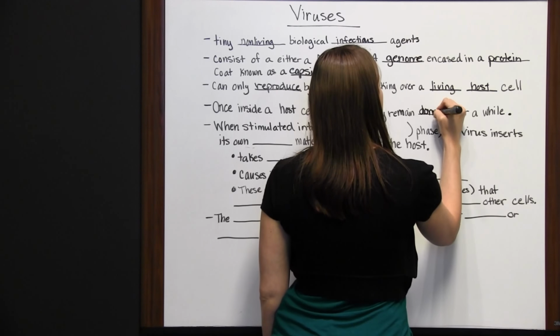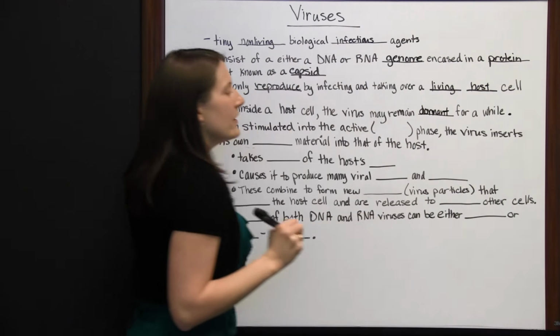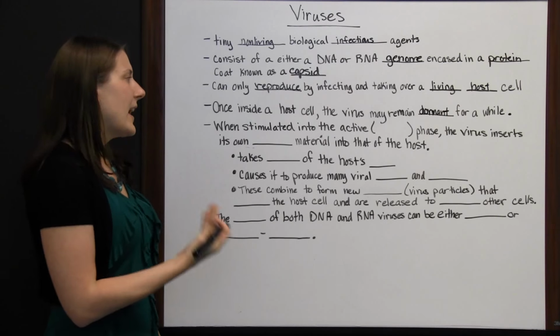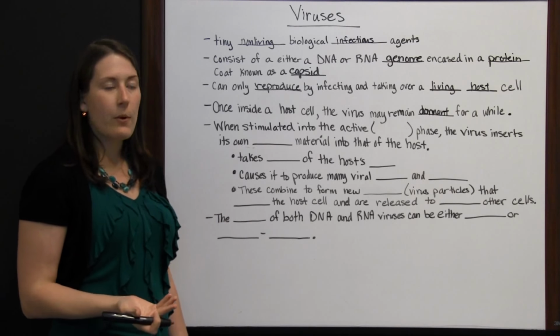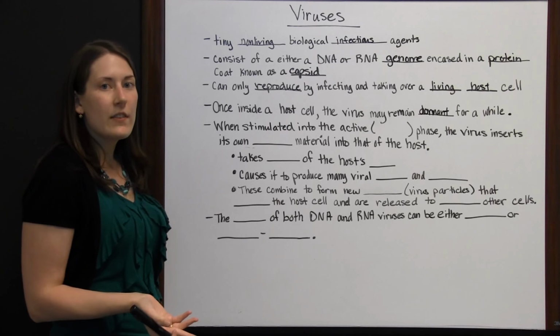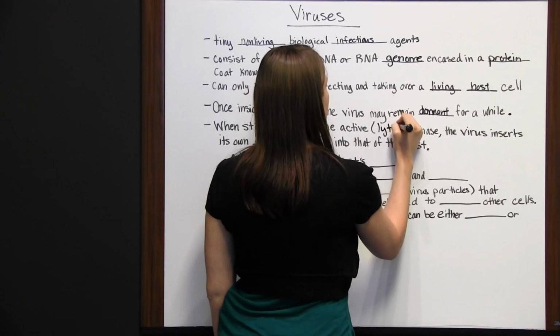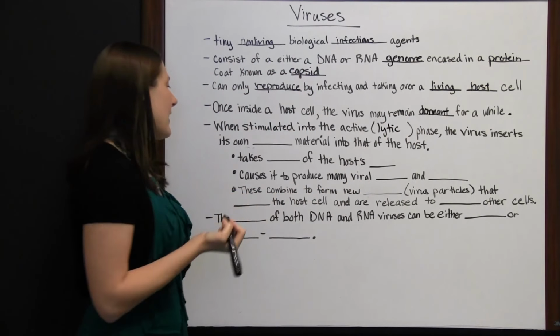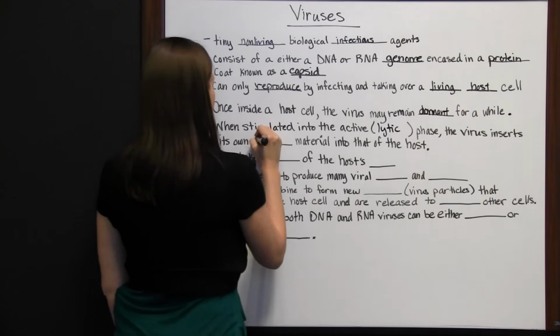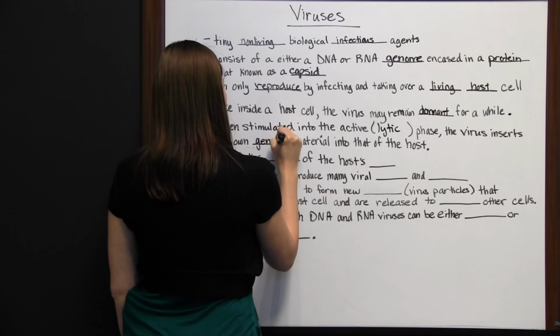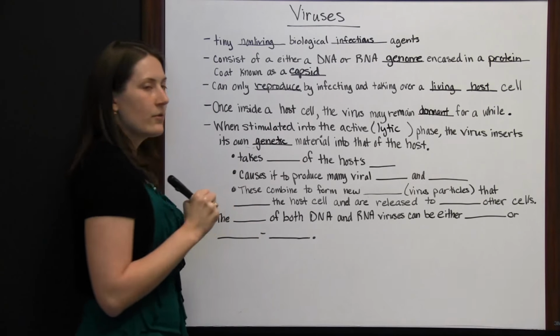So it doesn't always immediately enter the living host cell and attack. Sometimes it remains dormant for a while, but eventually it is stimulated into the active or lytic phase, and the virus inserts its own genetic material into that of the host.